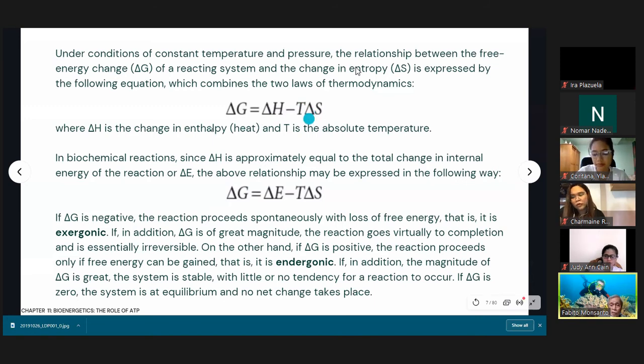Once you say delta, it means change. But the problem with this is, how can you measure disorderliness?